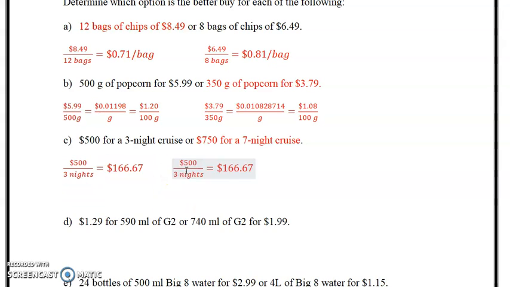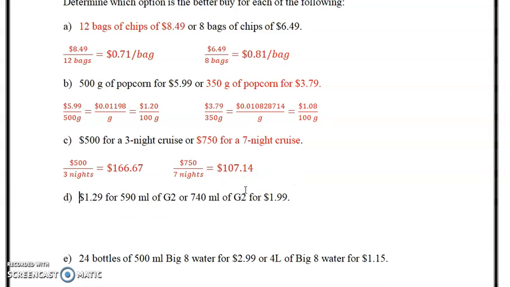For $750, so $750 for 7 nights. So $750 divided by 7, and we get $107.14. So significant savings for booking the 7 nights. Not that we'll be going on a cruise anytime soon, unfortunately.